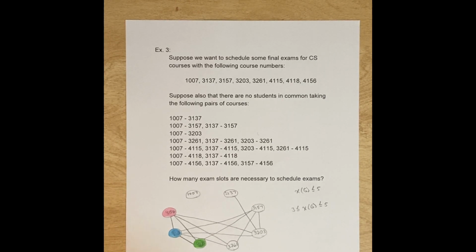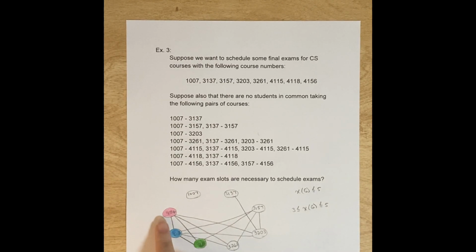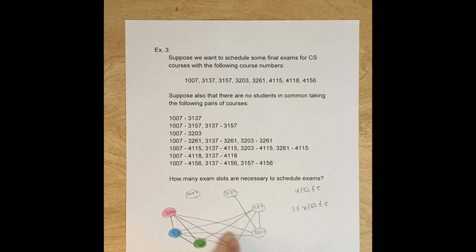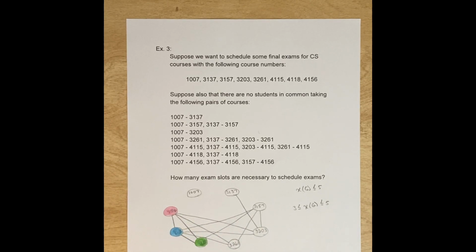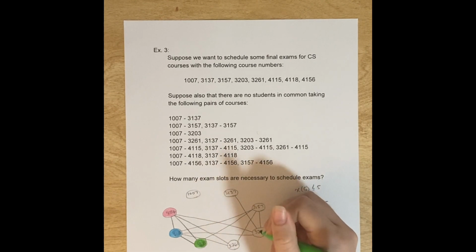So then we can move on to another clique here. We see that 4156, 4118, and 3203 form a clique. We already have 2 colors assigned, so therefore it cannot be blue and it cannot be pink, so it must be green.